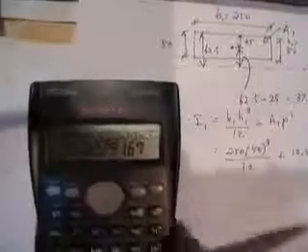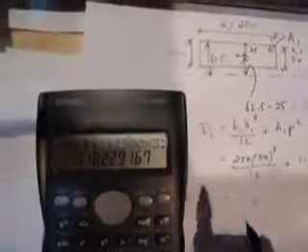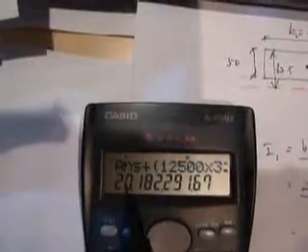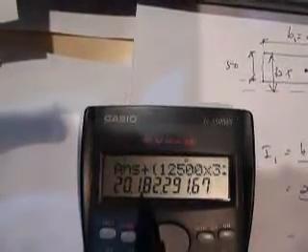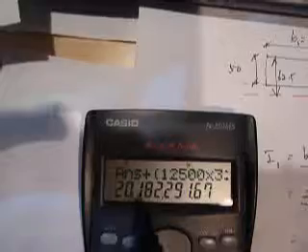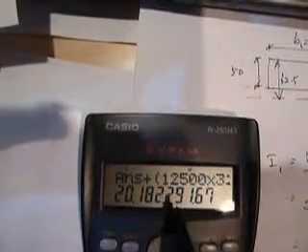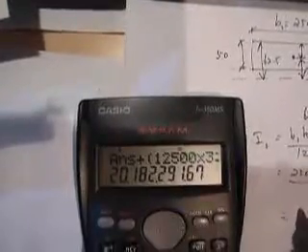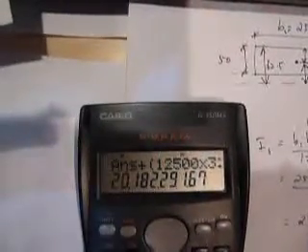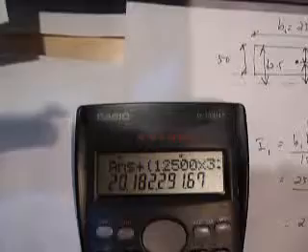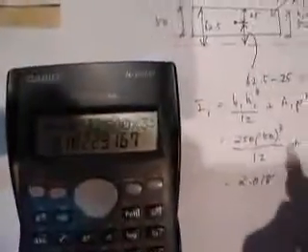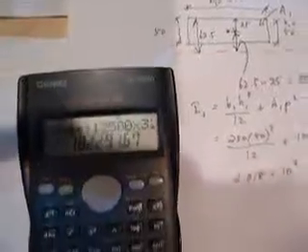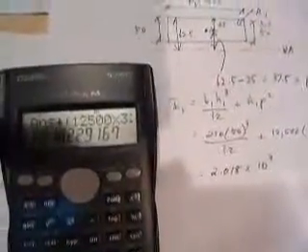So we can just use 2.018, followed by seven zeros, so that's 2.018 times 10 to the power of 7. Right, so that's I1.